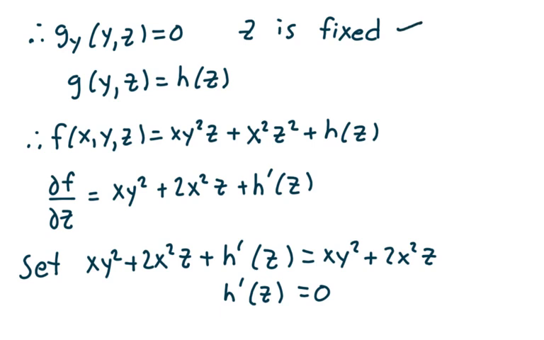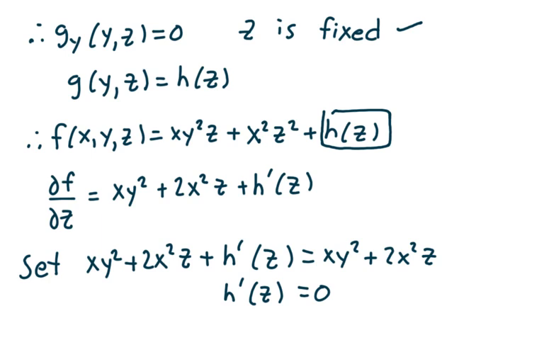So g of yz is equal to h of z. Therefore, f of xyz is equal to xy squared z plus x squared z squared plus h of z. And then from here, we're going to use the third component of the vector field to get a handle on this h of z.